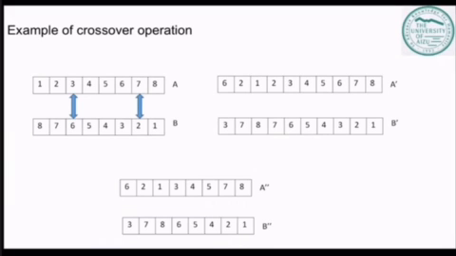The crossover process is shown in the figure. First, the crossover position is determined by the chaotic sequence. For example, we selected the 3rd and 7th positions. Then we place the selected numbers in A in front of the B sequence, generating the B' sequence.